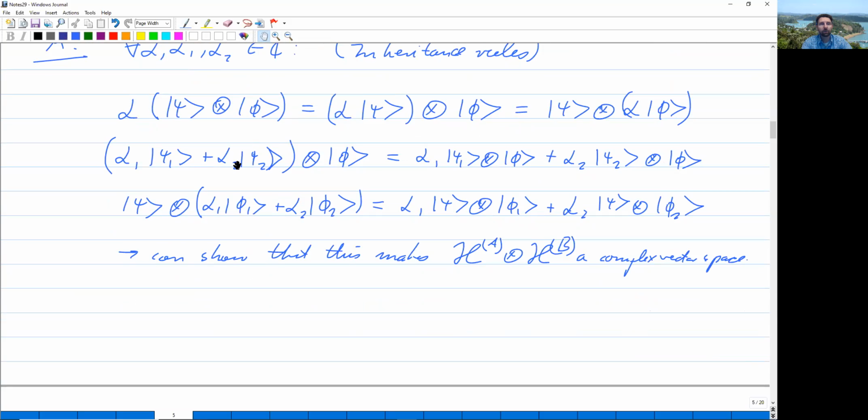It tells you how to distribute, right? This is a distributive law here, where you have psi tensor the sum of things, you get the tensor plus the tensor. So on one hand, this is reassuring. We now know what the rules are of the game when you have two Hilbert spaces and you form the tensor product Hilbert space between the two. In fact, so far, it's just a complex vector space. We will get to the Hilbert space structure in a moment.